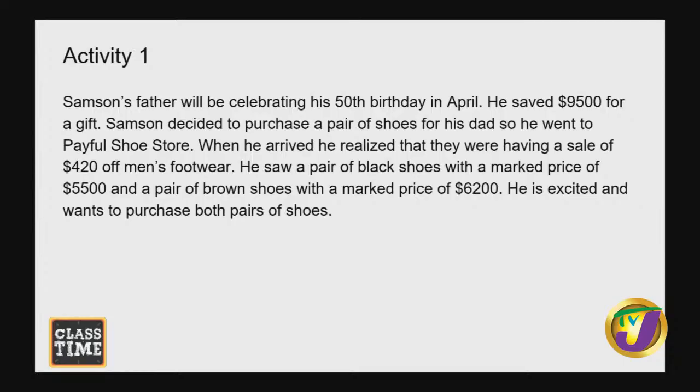When he arrived, he realized that they were having a sale of $420 off men's footwear. He saw a pair of black shoes with a marked price of $5,500 and a pair of brown shoes with a marked price of $6,200.